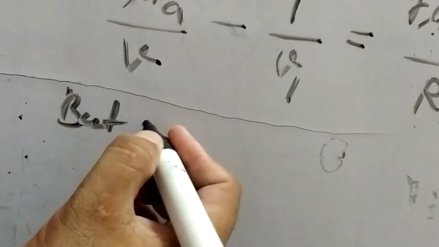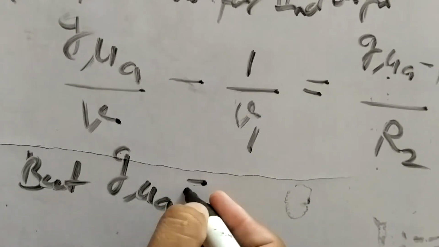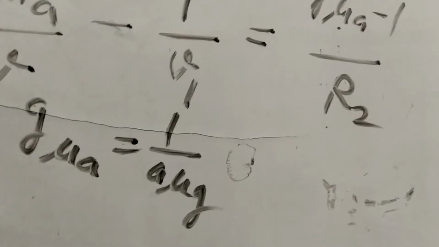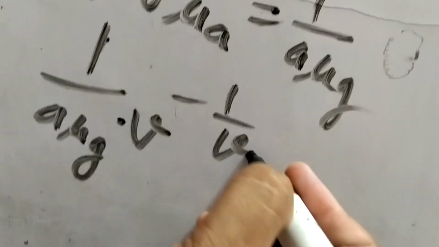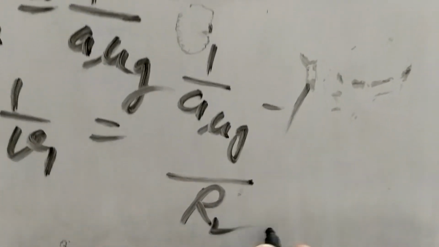But gμa is equal to 1 upon aμg, so we can rearrange this equation. We can change gμa. So what can we say? 1 upon aμg into V minus 1 by V1 is equal to 1 upon aμg minus 1 upon R2.